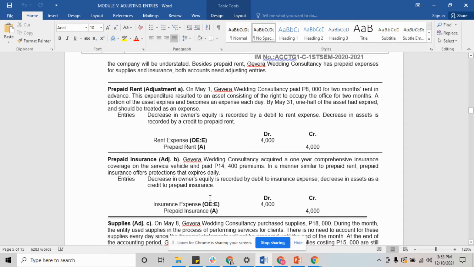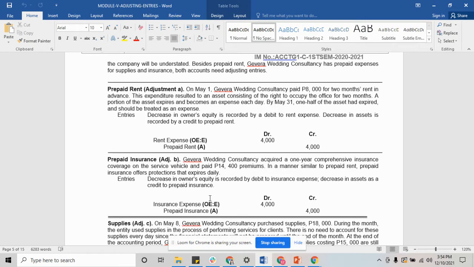Another one, prepaid insurance naman. Rivera Wedding Consultancy acquired a one-year comprehensive insurance coverage on the service vehicle and paid 14,400 premiums. In a manner similar to prepaid rent, prepaid insurance offers protections that expire daily.